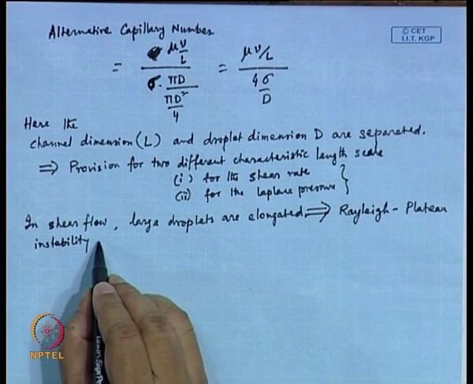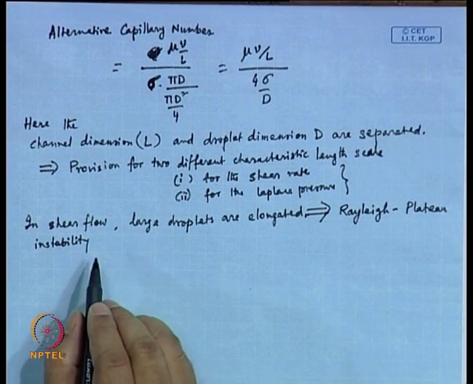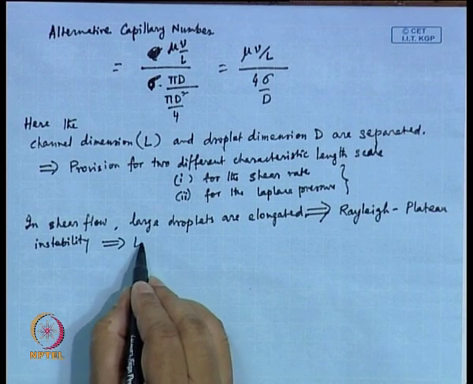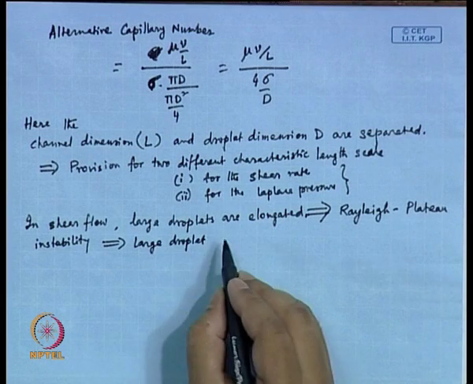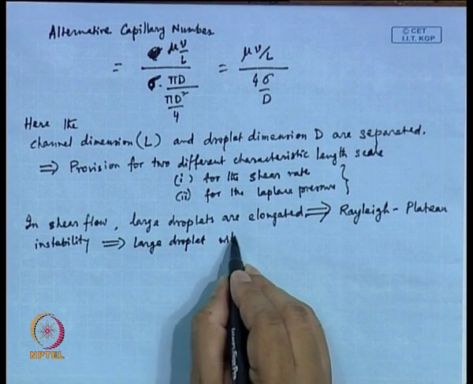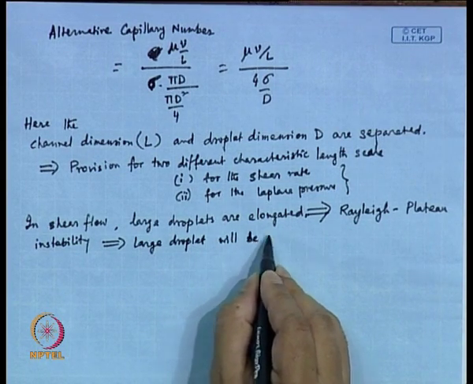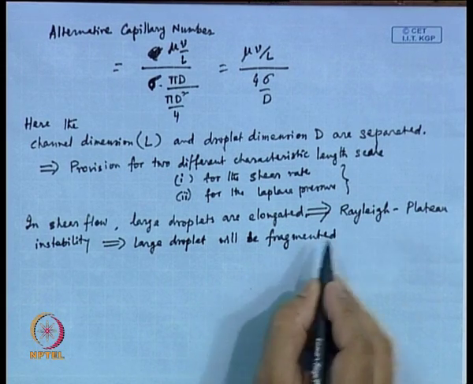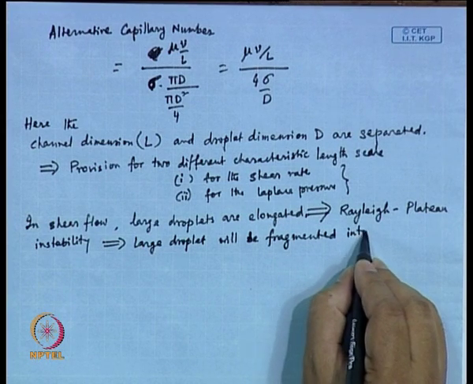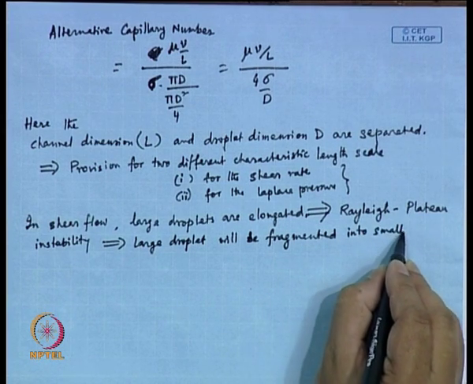So that instability will come into play there. So, the large droplet will be fragmented into smaller ones.